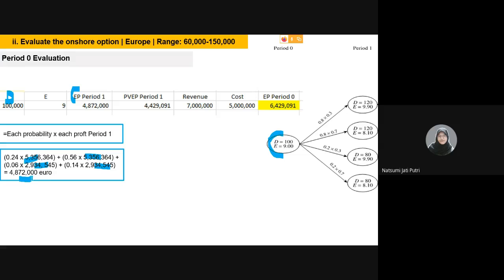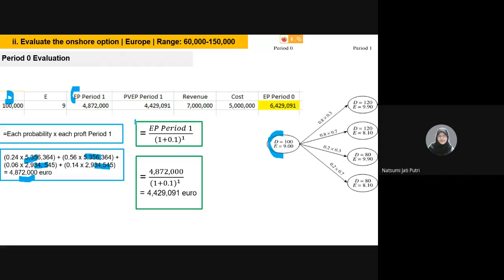Okay, we get this number, 4,872,000 euro. And then for the PVEP, the same, the value here divided by 1 plus 0.1 squared by 1, and we get this number.